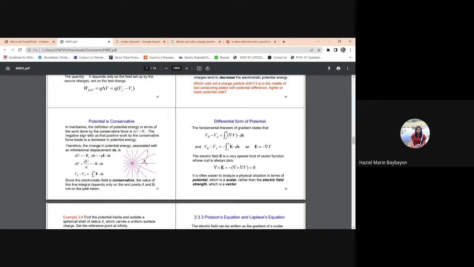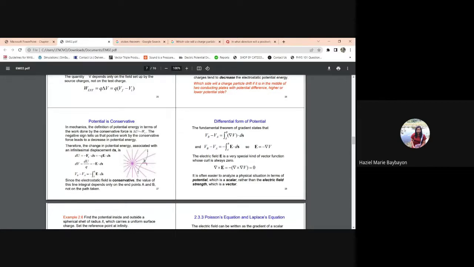Okay, so in mechanics, the definition of potential energy is in terms of the work done by the conservative force. The work done by the conservative forces is equal to the negative change in the potential energy.